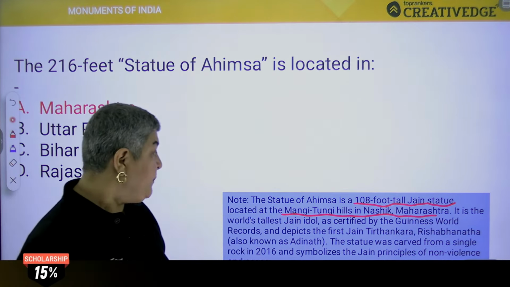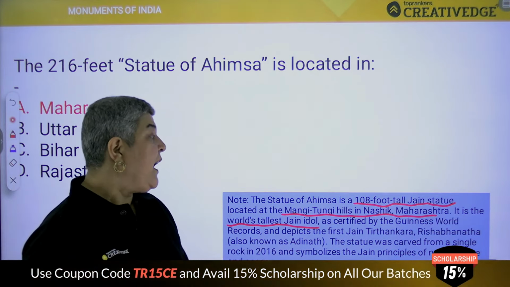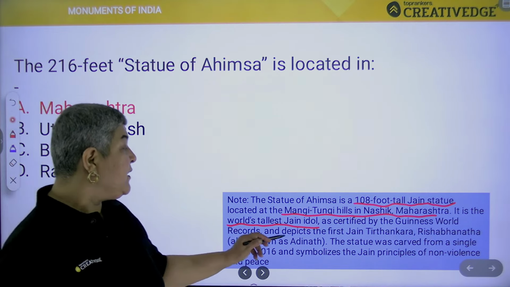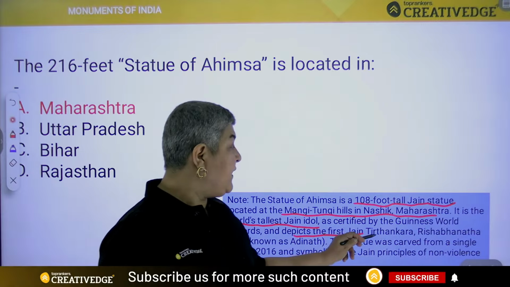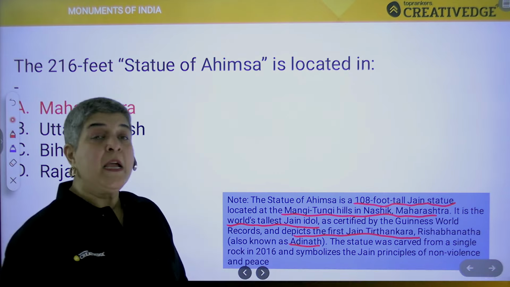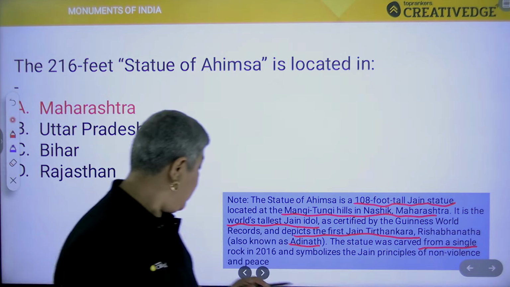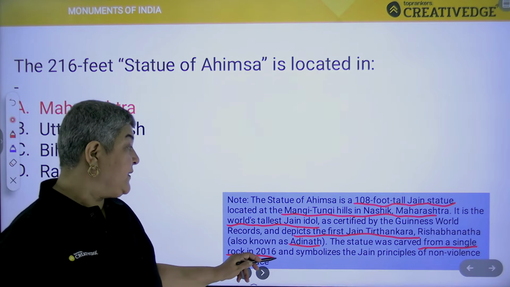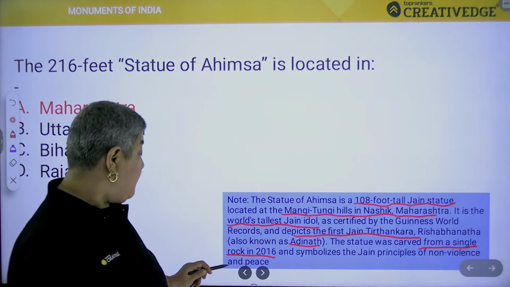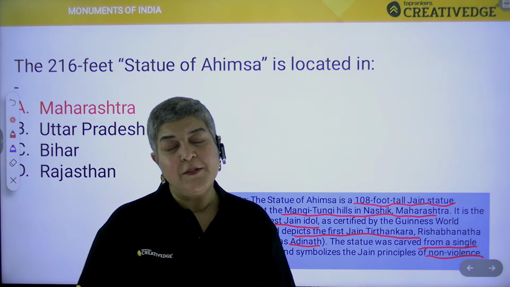All right. It is the world's tallest Jain idol as certified by the Guinness World Records and depicts the first Jain Tirthankara, Adinath. Okay. The statue was carved from a single rock in 216 and symbolizes the Jain principles of peace and non-violence. All right, do remember that.